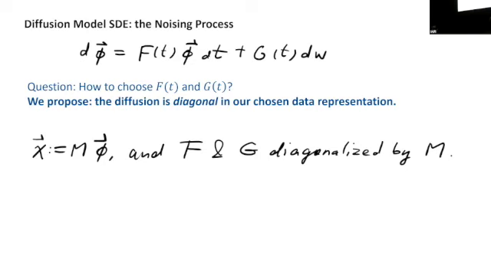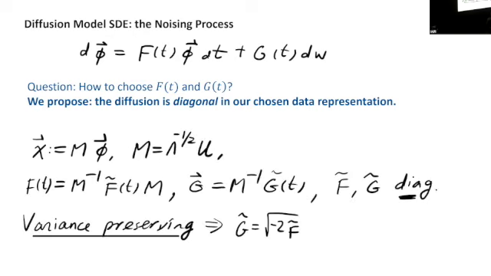The reason is, for instance, that we have already decorrelated the covariance, and the final covariance, because it is in the chi space, is white noise, so it is also decorrelated. So we could just keep it decorrelated. In terms of equations, it just says that when chi is given by M times phi, as we said before, then both F and G should be diagonalized by the same matrix M. So here are some equations that just mean what they say, captured by diagonal matrices.